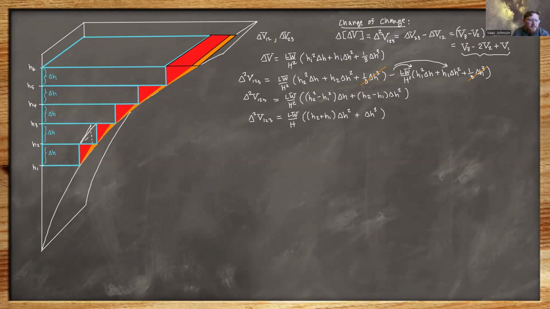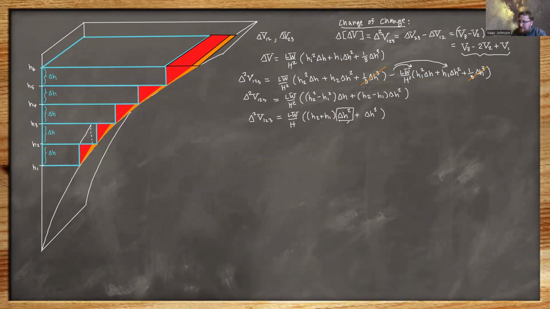But of course, it would be curved. So this is the difference of differences right there. We simply take the first difference, we superimpose it on the second difference, and whatever remains that hasn't been covered is the second difference.